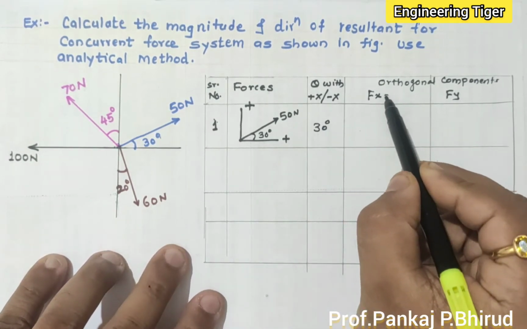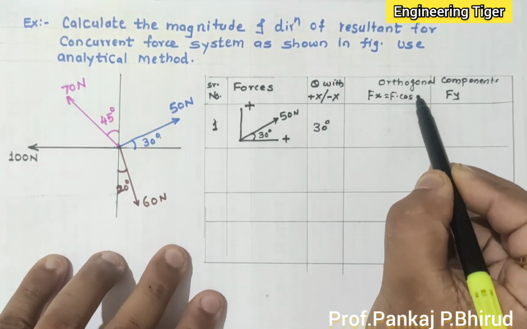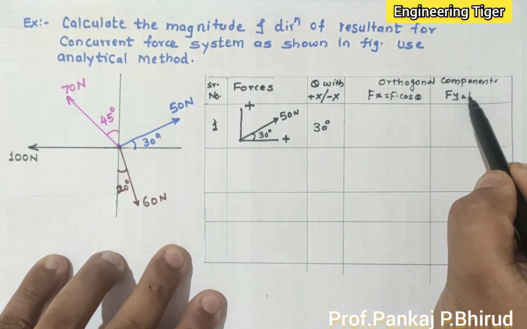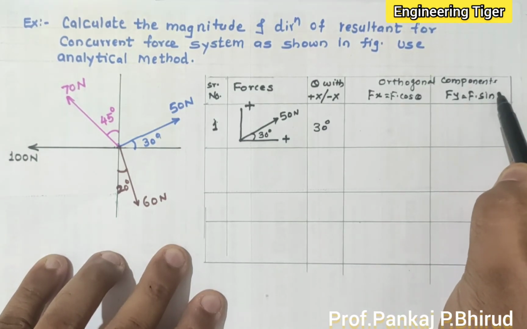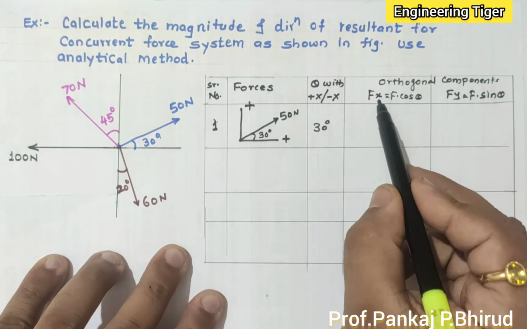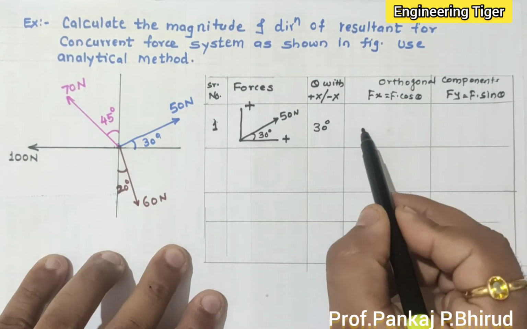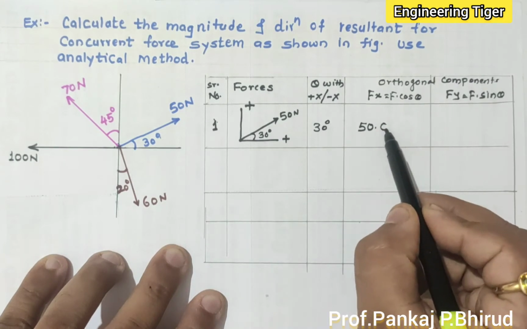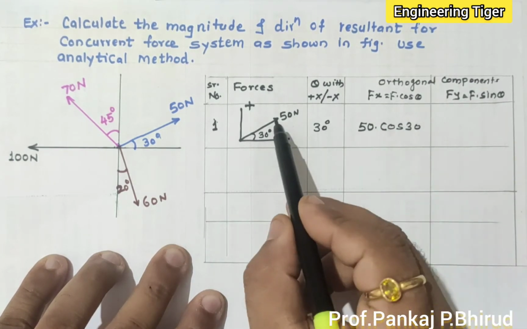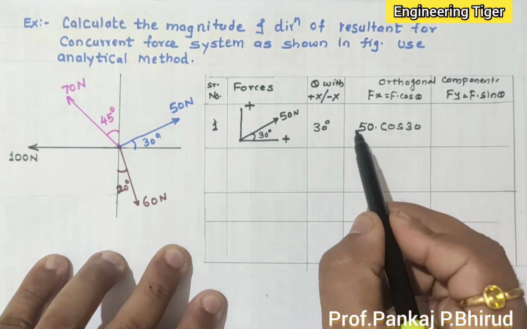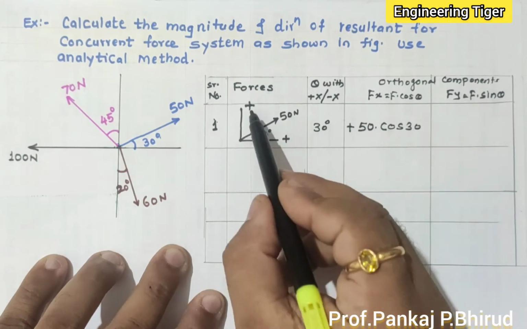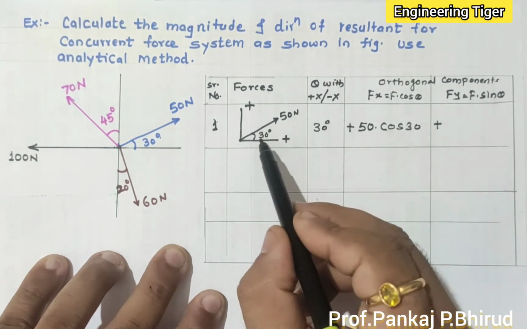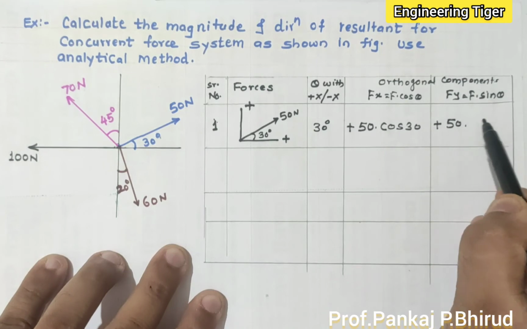F cos theta, and the Fy component is F sin theta. For this 50 Newton, the Fx component will be 50 cos 30. It is in the first quadrant, so the x component will be positive, and the y component is also positive, so positive 50 sin 30.